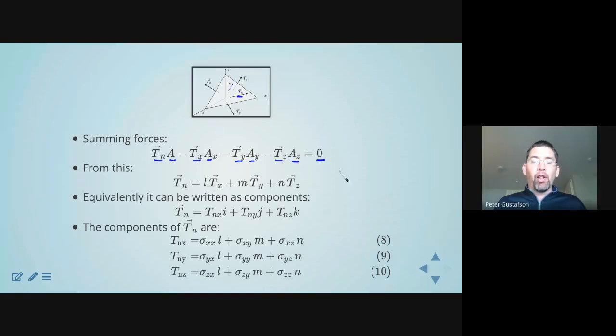The sum of all of those has to be equal to 0 if this element is to be in equilibrium. So from that, of course, we can divide by our area, and we can ultimately get that the traction vector Tn is the sum of Tx times L, Ty times M, and Tz times N. Again, those are direction cosines.